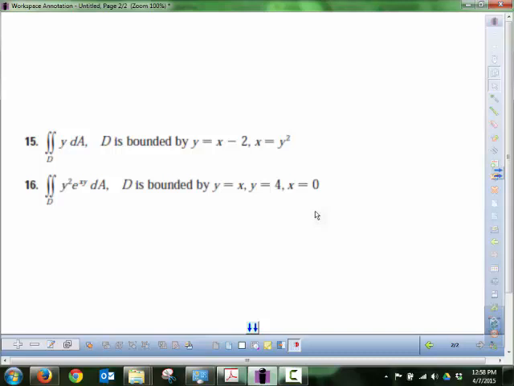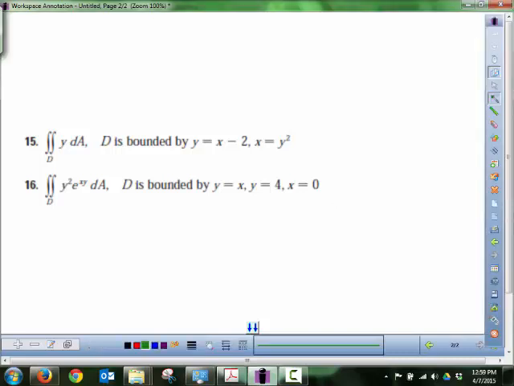So let's do 15. We have the double integral of y dA. So the integrand is just y. But again, we're more concerned about the region D. So you need to be able to draw this and figure out what this thing might look like.